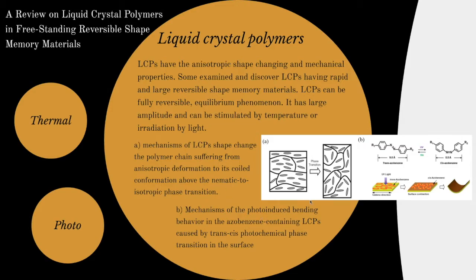And then B is when you are using photo-induced bending of the azobenzene. If you have heard of any azo chemicals, it has this structure. Azobenzene-containing liquid crystal polymers undergo photochemical phase transitions at the surface.